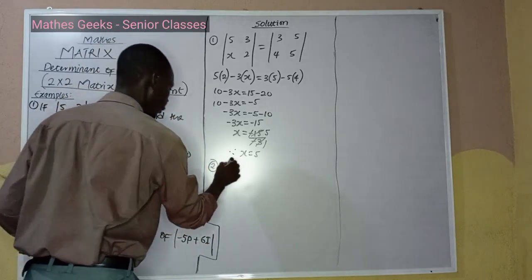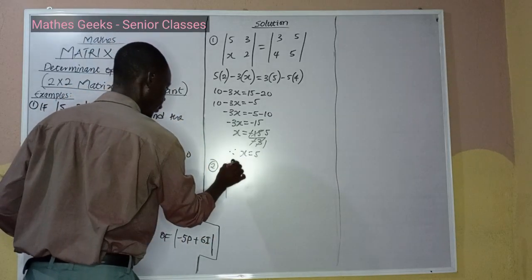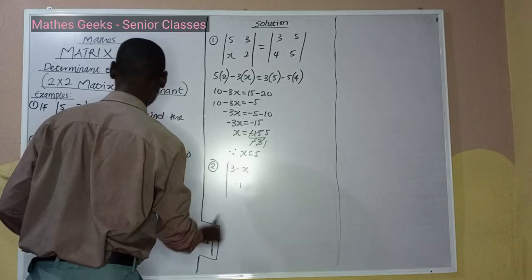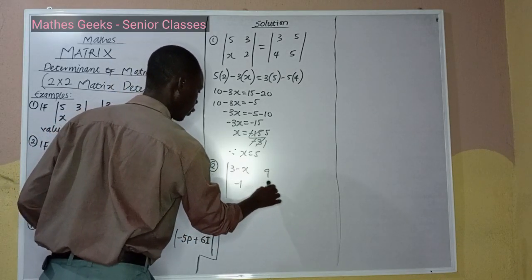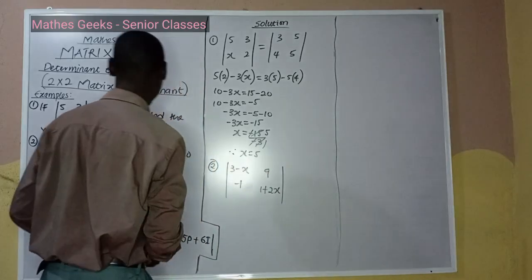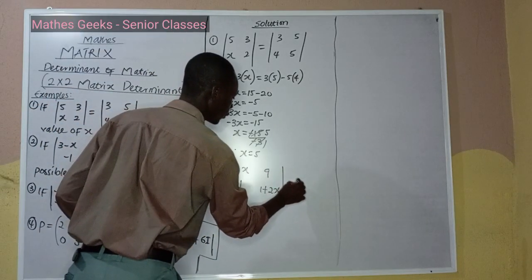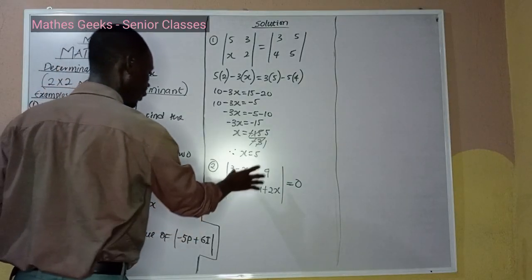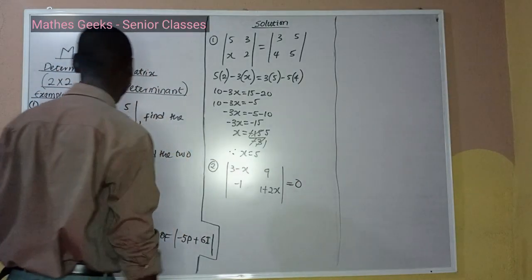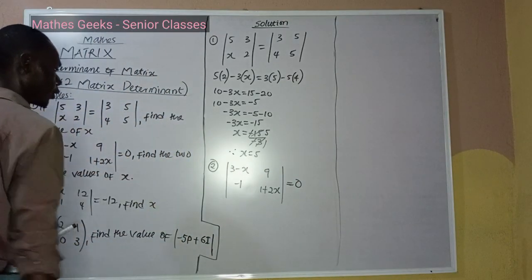Number 2, if the matrix 3 minus x, minus 1, 9, 1 plus 2x has determinant equal to 0, so this is a singular matrix because the determinant is equal to 0. Find the two possible values of x.